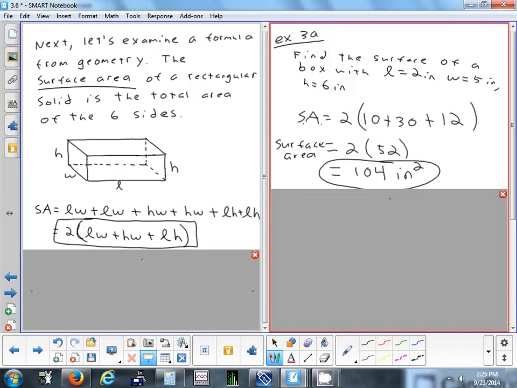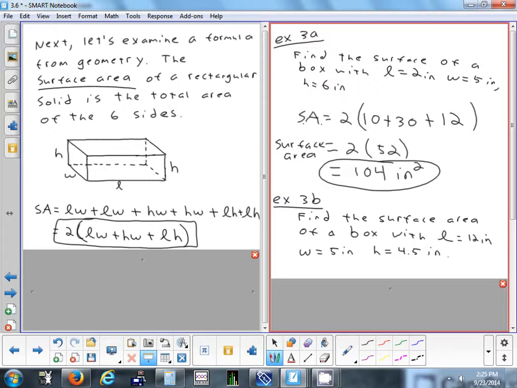Okay, any questions on that one? All right. So try that one on your own. Find the surface area of a box where the length is 12, the width is 5, and the height is 4.5.